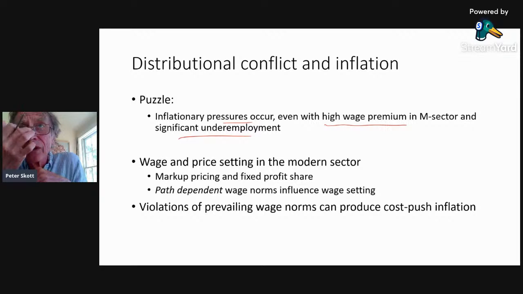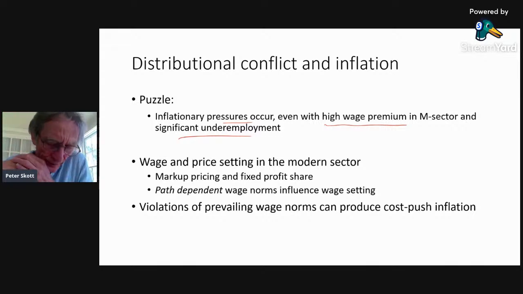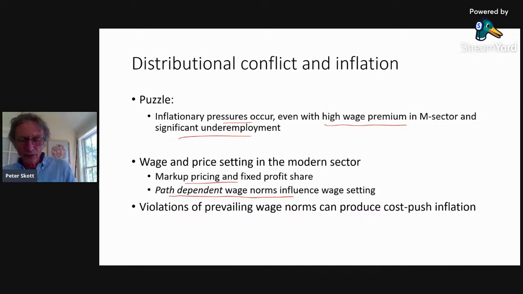And I think the answer to that puzzle, at least the answer that at the moment I find most convincing, is that the wage setting in the modern sector is driven by path-dependent wage norms. So you have markup pricing, and you may or may not have a fixed profit share. In the simple version, you may have a fixed profit share.